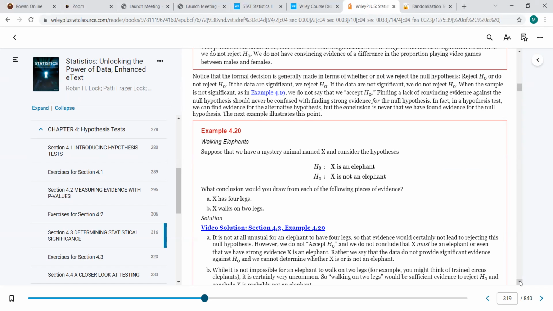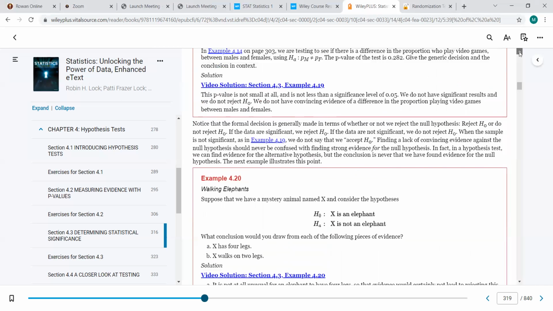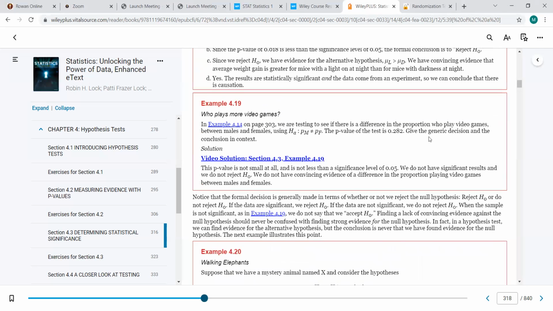Now we could, of course, make an interpretation also. For example, the one we just did, let's say alpha is 10%. We would say something like, at the 10% significance level, there is not enough evidence to conclude that there's a difference in proportions between males and females in terms of playing video games.